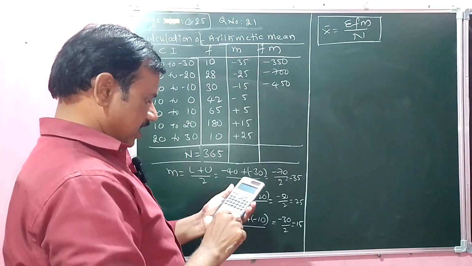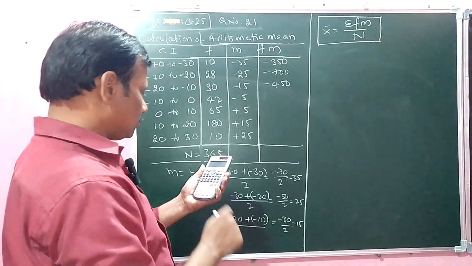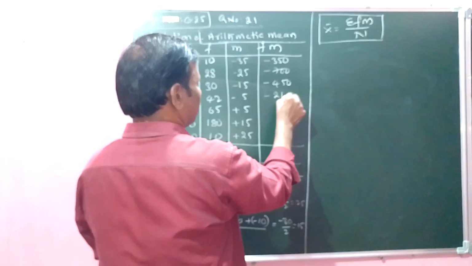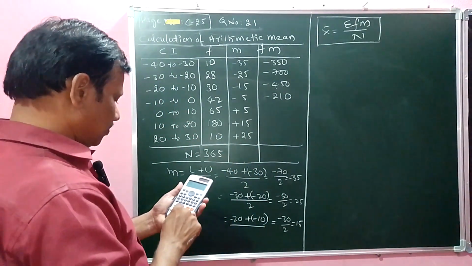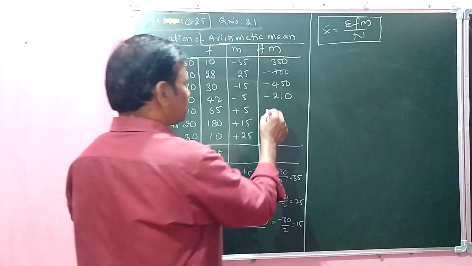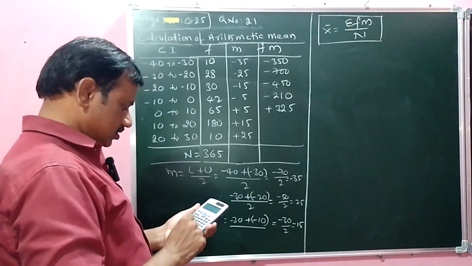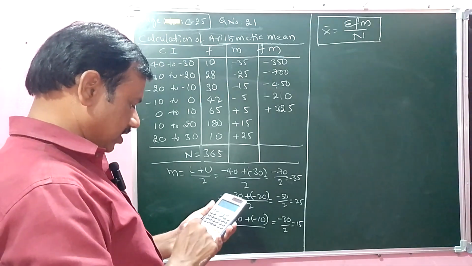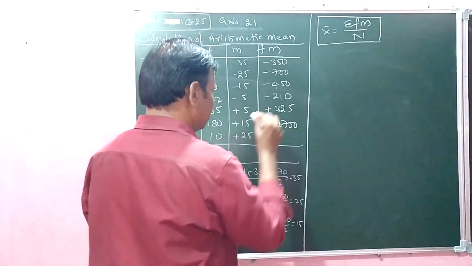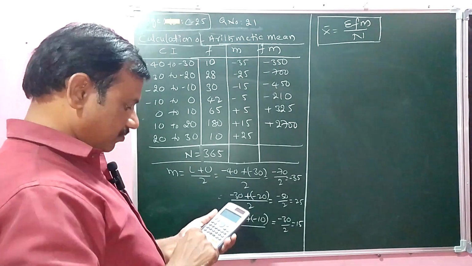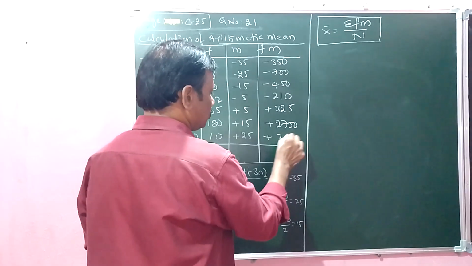Next minus 5 into 42, so that is minus 210. Next 5 into 65, so it is plus 325. Next one is 15 into 180, so that is plus 2700. Next 25 into 10, that is plus 250.